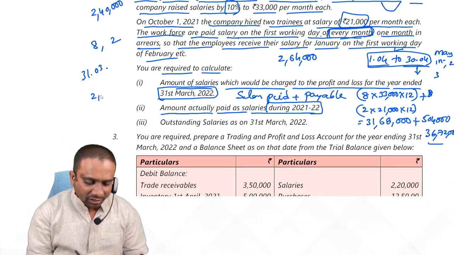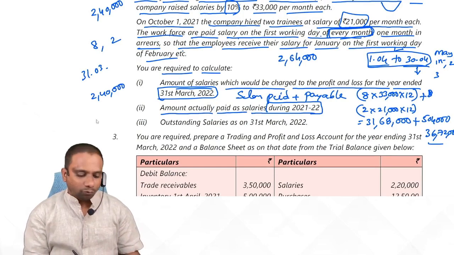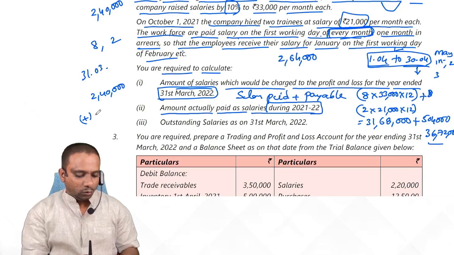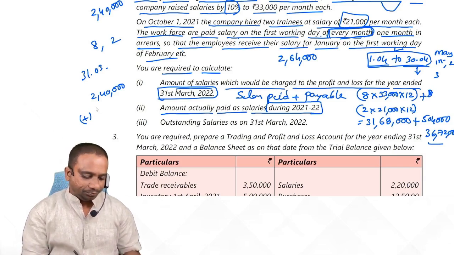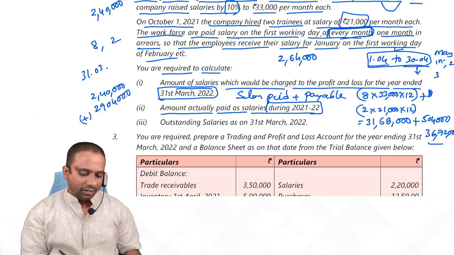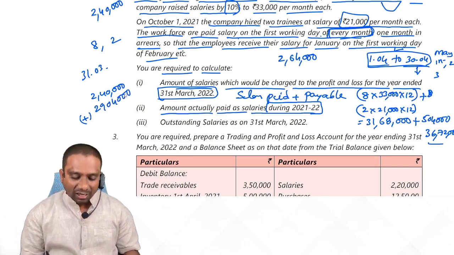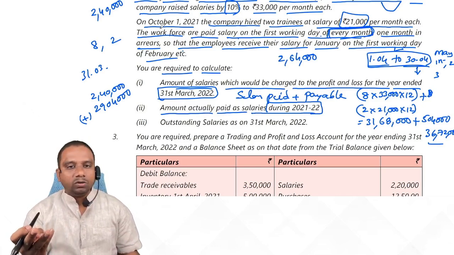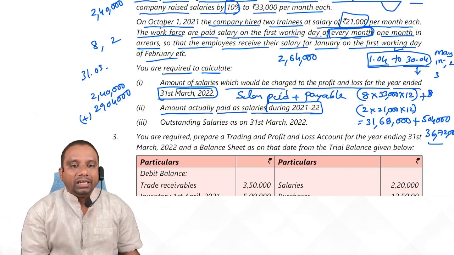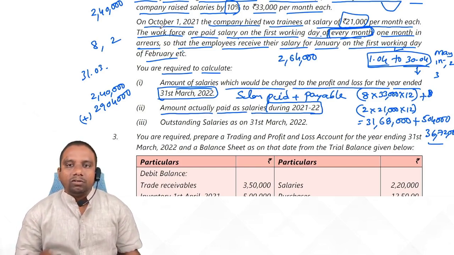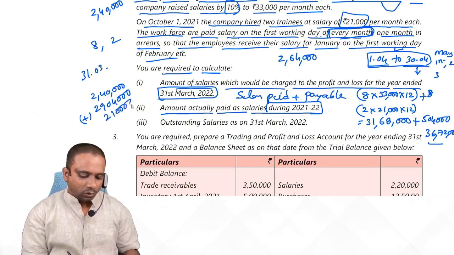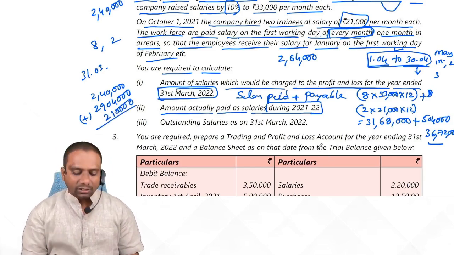So previous year arrears are 2 lakh 40 thousand, plus for the current year, 8 employees into 33,000 into 11 months, we paid 29 lakh 4,000, plus the 2 trainees we recruited from 1st October. October, November, December, January, February, March is 6 months, but we pay only 5 months' salary, because 1 month's salary we pay in the next month. So 21,000 into 2 trainees into 5 months is 2 lakh 10,000. Add these, and you get the second answer.